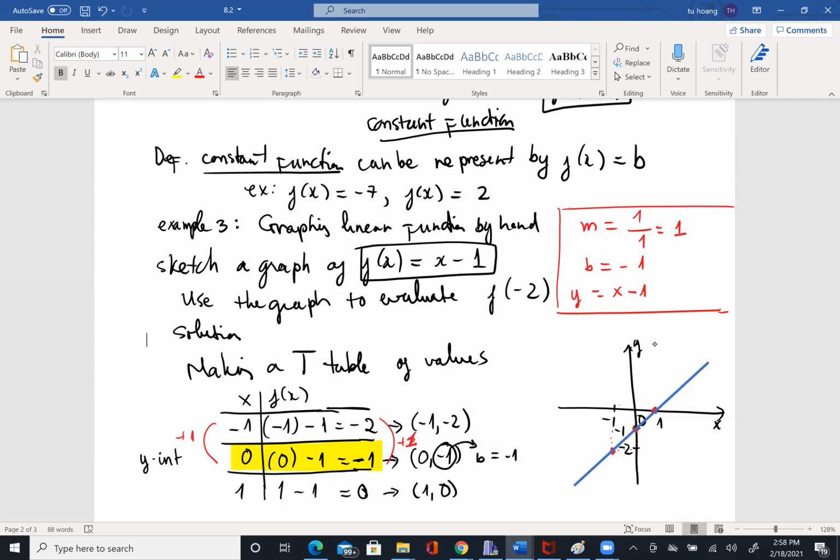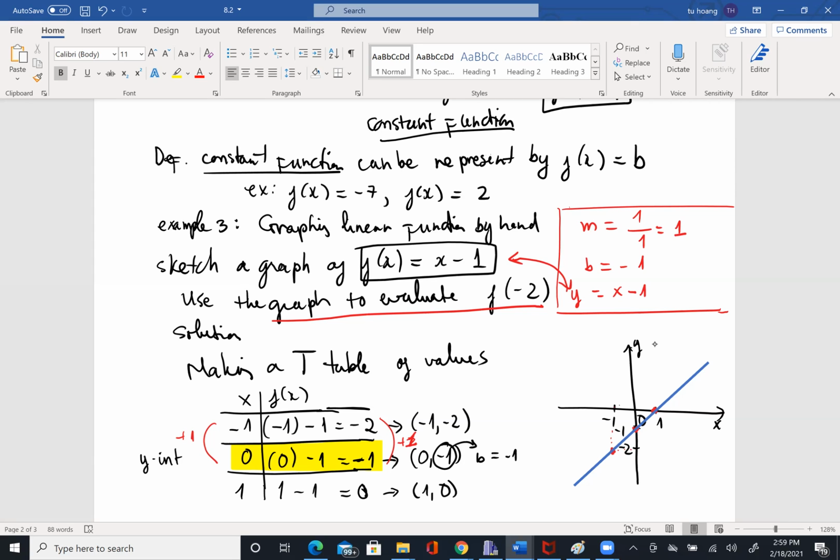By the way, we need to use a graph to evaluate f of -2, right? Actually, why do I have this step? I just want to verify against the given function that they gave us.